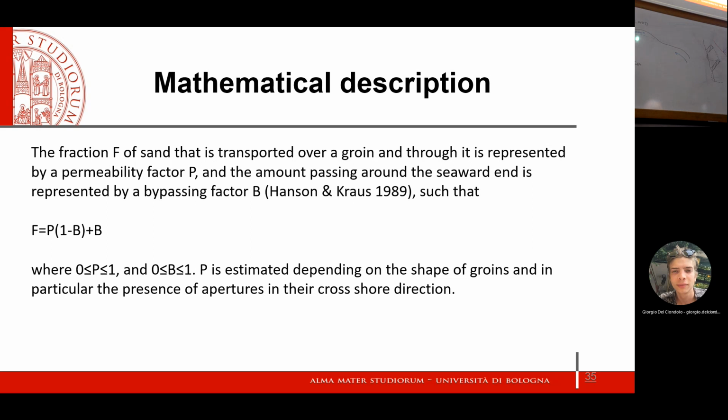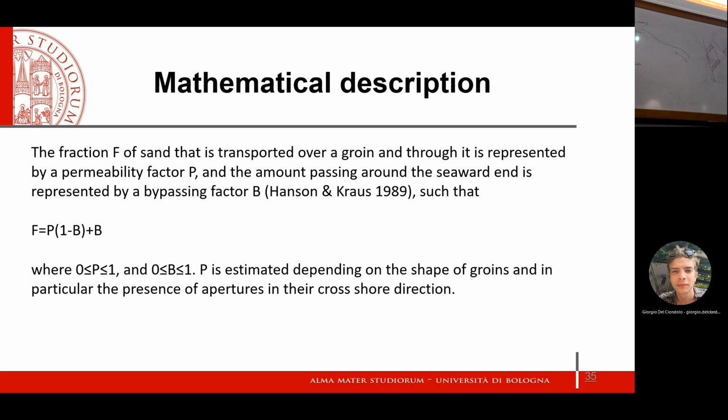So we can estimate this fraction with a very simple relationship that you see there, where permeability is between 0 and 1 with obvious meaning. 0 is impermeable, 1 is full permeability. And also the bypassing factor B is comprised between 0 and 1, where 0 is no bypassing and 1 is full bypassing over the groin.